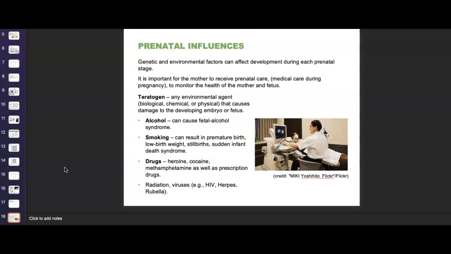Other drugs include heroin, cocaine, methamphetamine, as well as prescription drugs. Or radiation and viruses like HIV, herpes, and rubella. Many times when you are put on a medication, it will ask you if you're pregnant, because it wants to know if this drug is going to have an effect on your newborn baby.